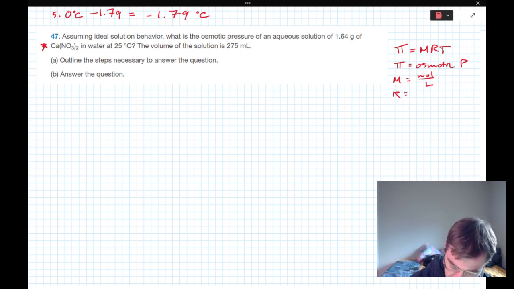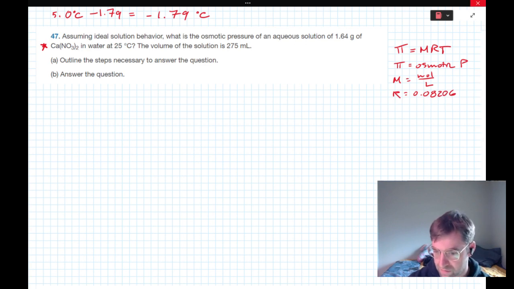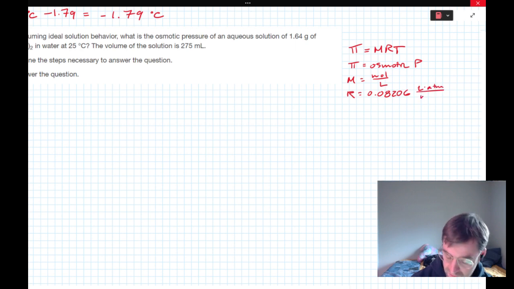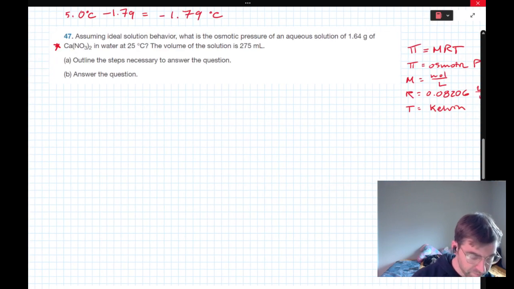We have R, the universal gas constant, which in this case, let me make sure I got that right. I'm trying to do this from memory. 0.08206, yes. And our units, these are important, are liters times atmosphere over moles dot Kelvin. And this is going to make everything cancel out really nicely so that we have the right units for our answer. And our temperature will be in Kelvin.